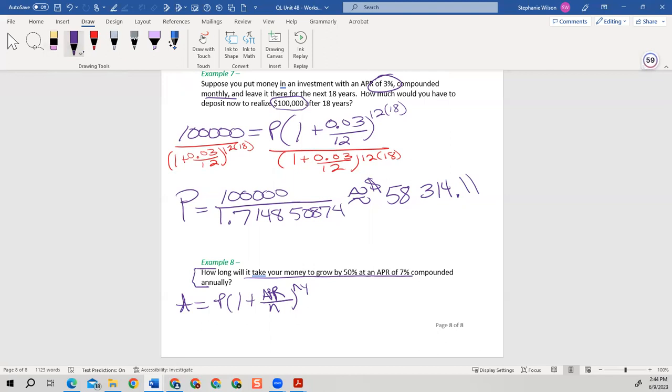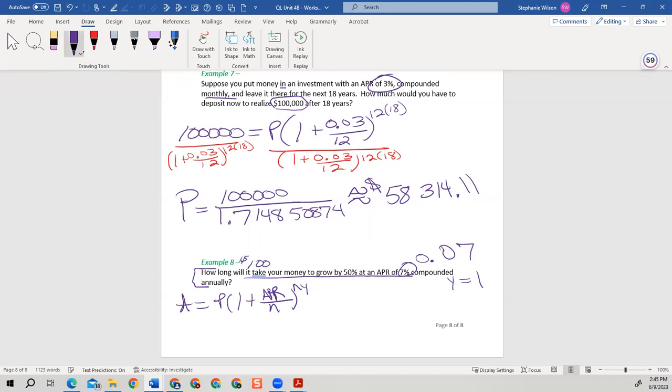All right. So we know what our interest is. We're going to write it in decimal form. We're going to compound annually, so my N is 1, right? We're trying to figure out how many years it's going to take to get up to 50%. So let's say we're going to deposit $100.